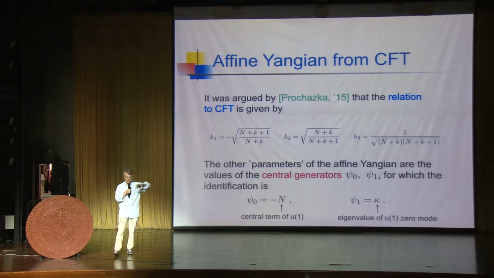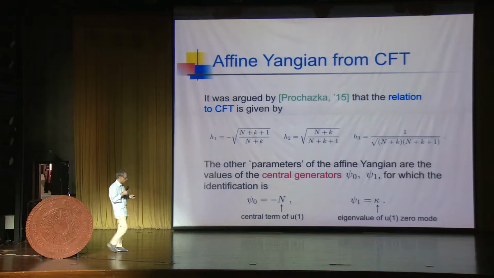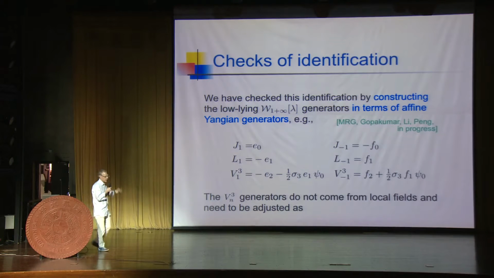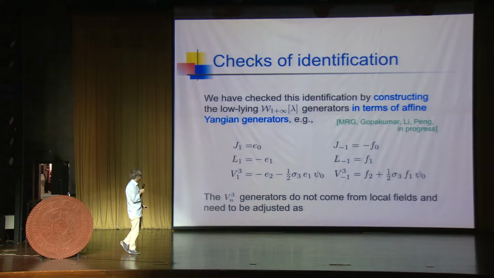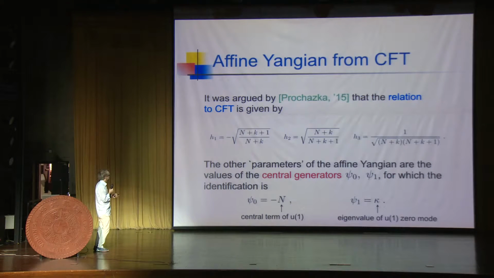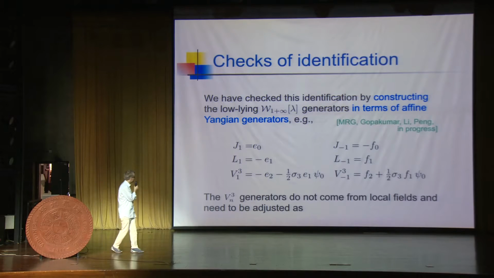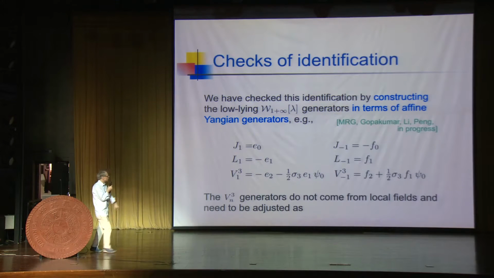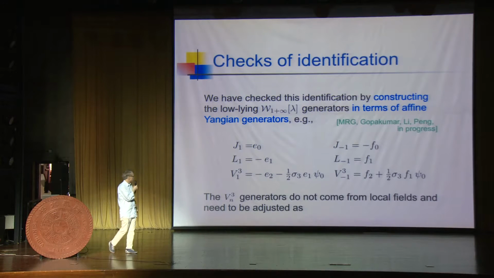So this will decouple once I've decoupled the u1 from the W infinity, because the u1 will just go along for the ride. So what we've done is we have checked this identification by constructing the low-lying generators of W1 plus infinity in terms of affine Yangian generators.